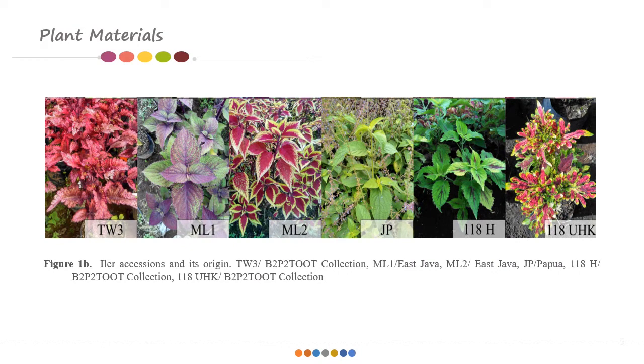Figure 1b shows Iler accessions from Tawangmangu with the codes TW3, 118H, 11UHK, and Iler collected from Malang, East Java, with the codes ML1 and ML2. Also, accession GP collected from Jayapura.